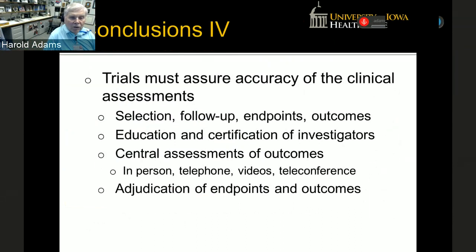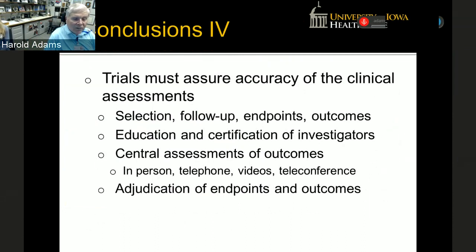The trial must have measures to ensure accuracy of these outcome measures. This means that you have to select sites that are going to be carefully done. You will then need to certify the investigators. You want to use the scales for patient selection in the trial, for periodic follow-ups, for endpoints and outcomes.